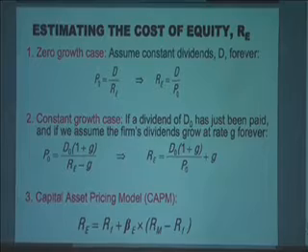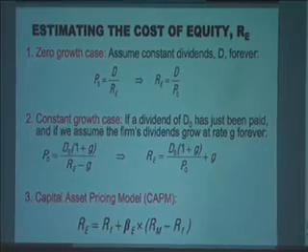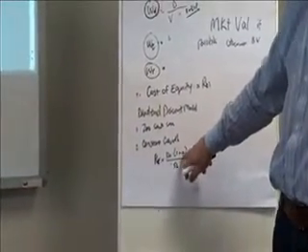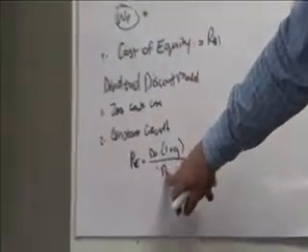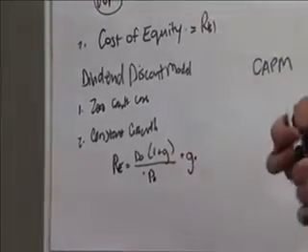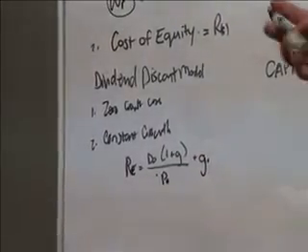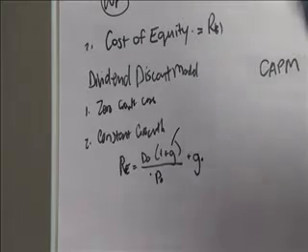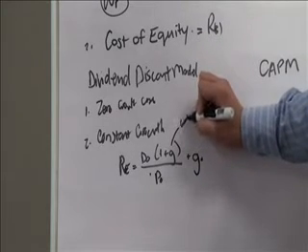Very simply, that's just your dividends at time zero, times your growth, divided by your price now. Then you add on the growth at the end. So what they may say to you is, they may give you a growth in earnings figure, or you look for growth in dividends.